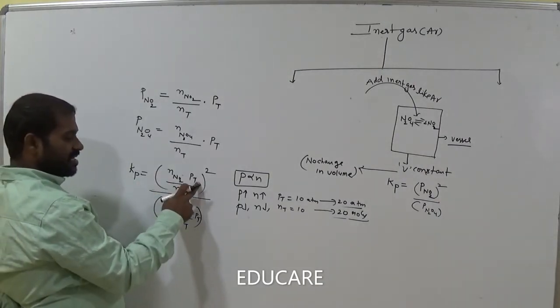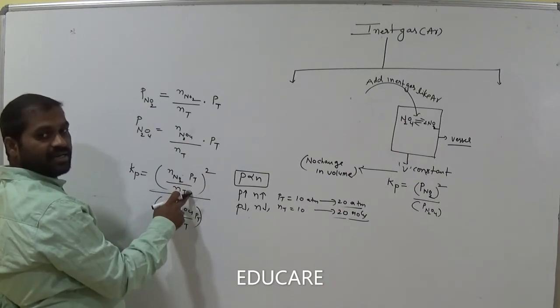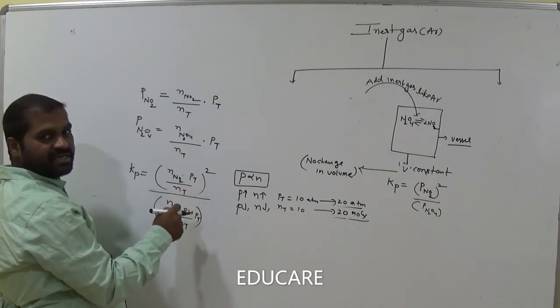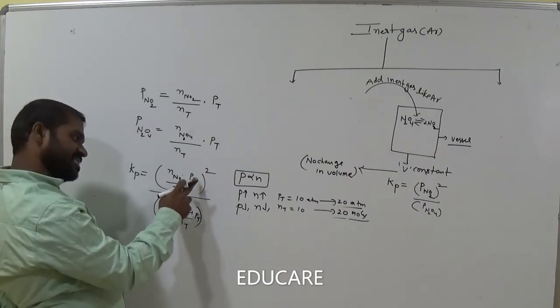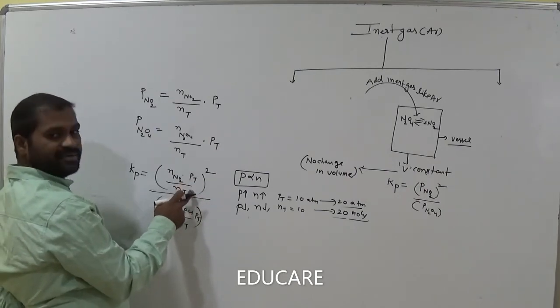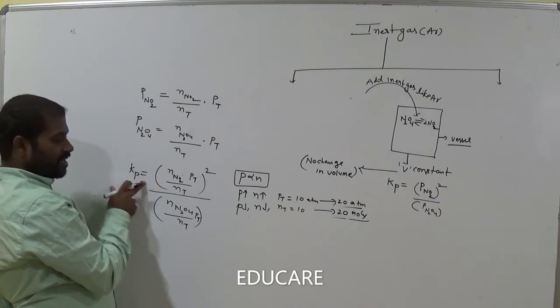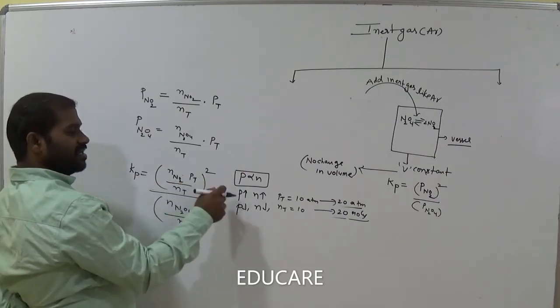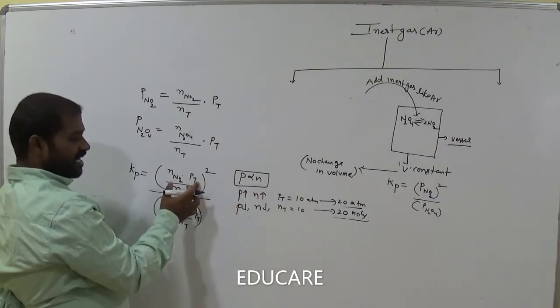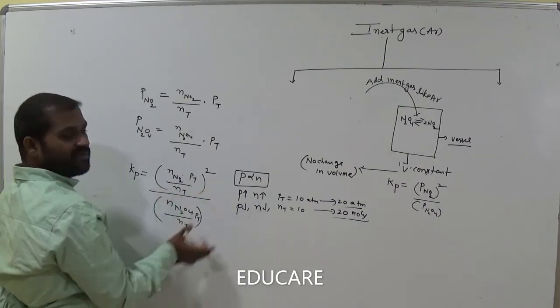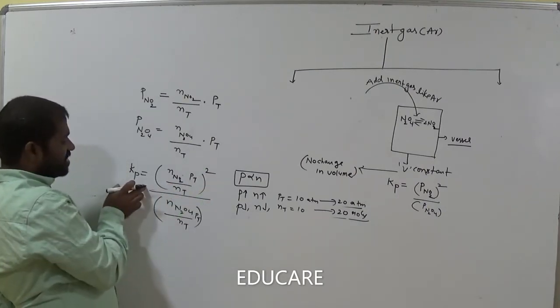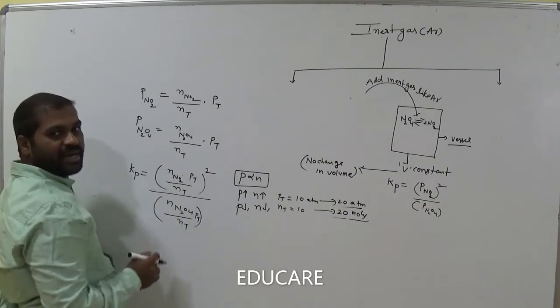Suppose it is 10 and 10, both are cancelled or not? Suppose it is 10 and 5, we get some value of Kp. Now if it increases to 20 and 15, is there any change in the Kp? Both are increasing, am I right?